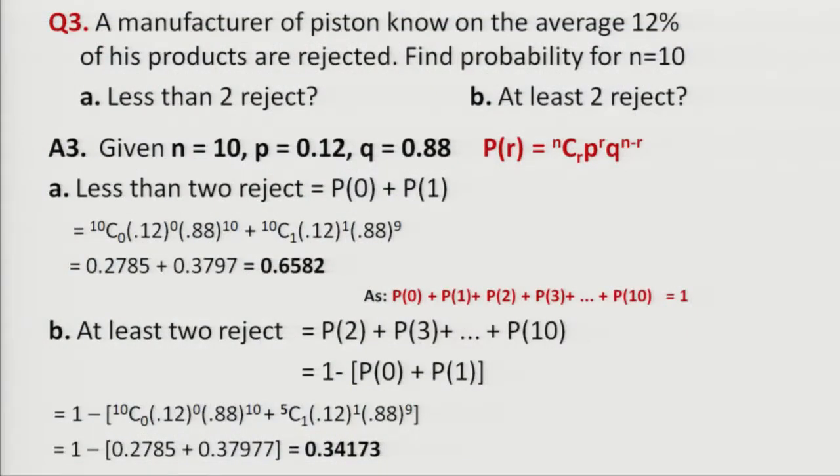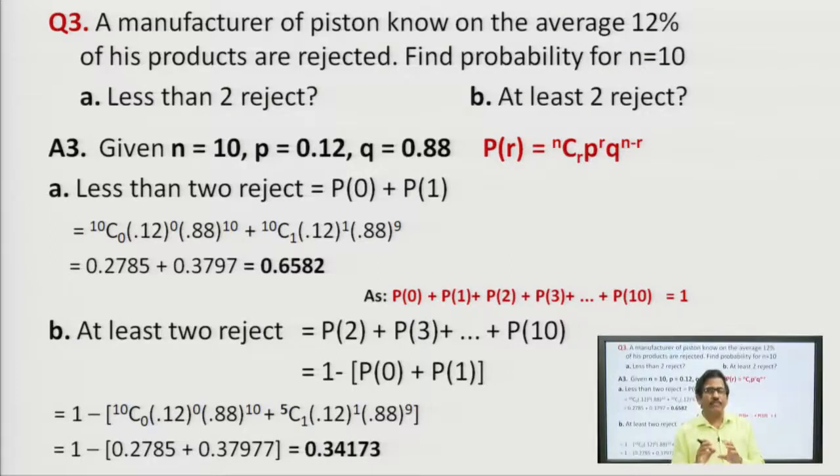in a manufacturing company, there is a manufacturer who manufactures pistons, and he knows that on an average 12% of his products are rejected. There are 12% products of his production rejected.